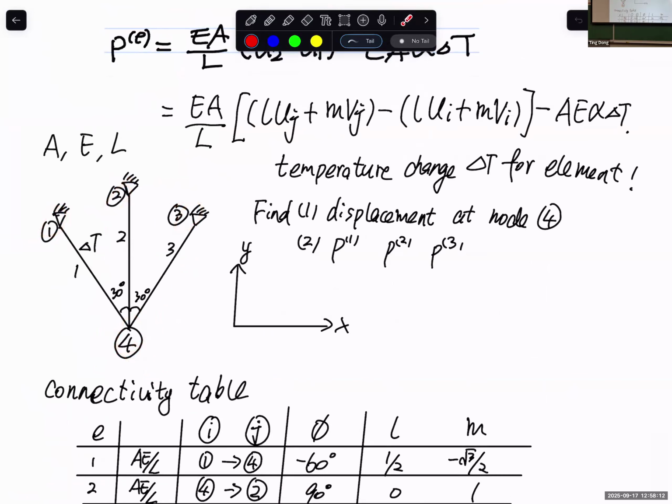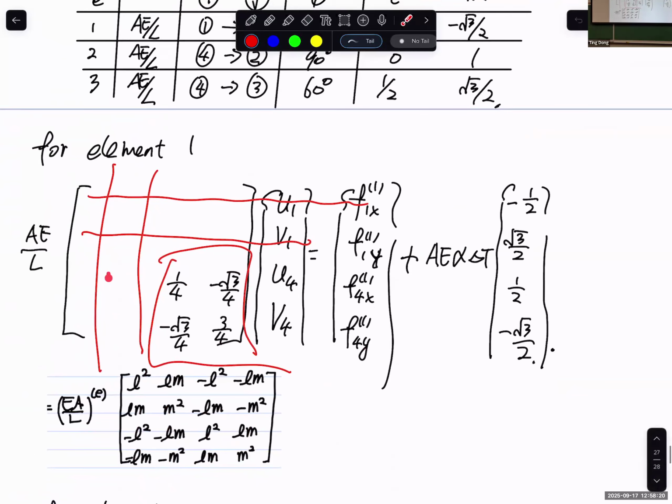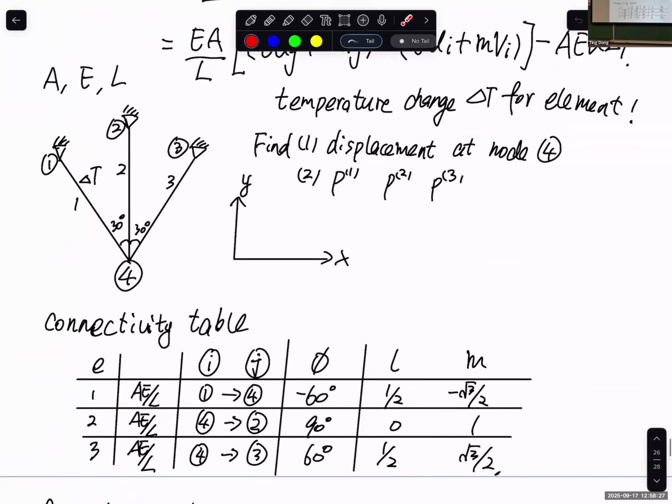So the dimension of the K matrix after assembly, before we apply boundary conditions, should be 8 by 8. So the standard procedure is you write 4 by 4 for element 1, 4 by 4 for element 2, 4 by 4 for element 3, 8 by 8 for the entire system, and then you apply boundary conditions.